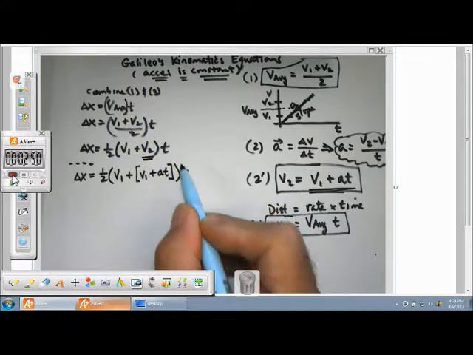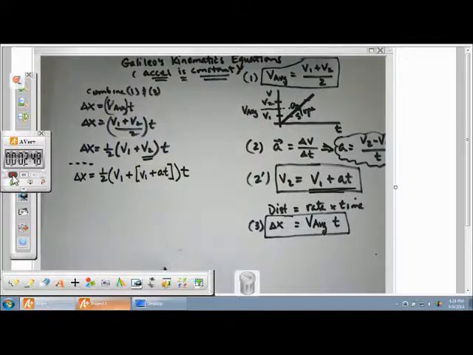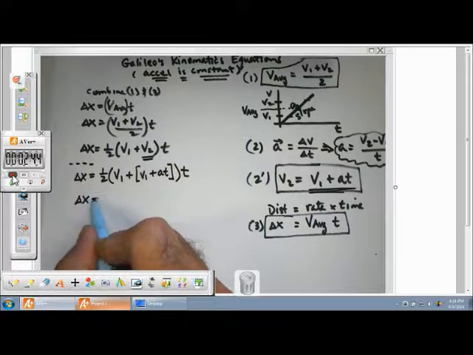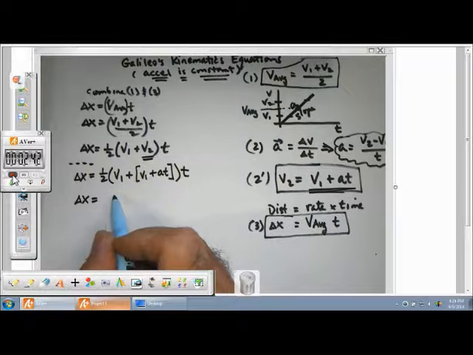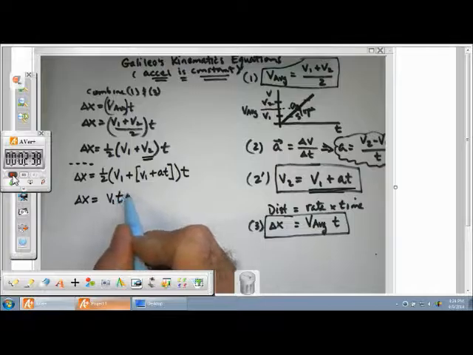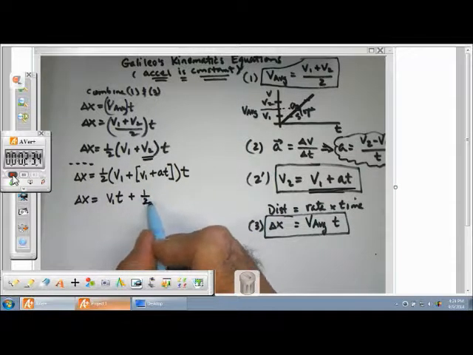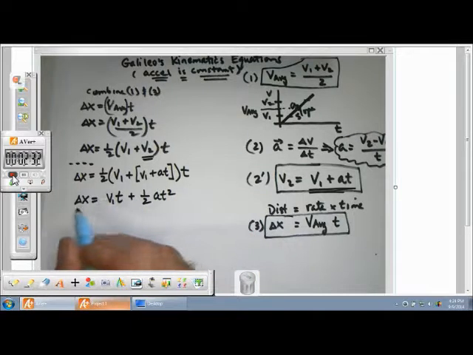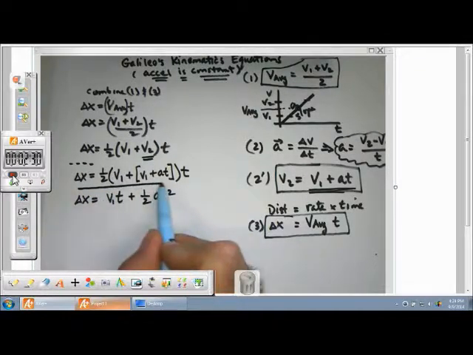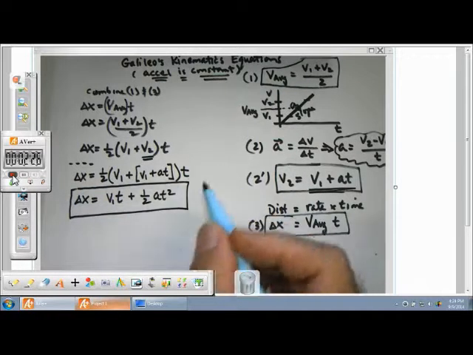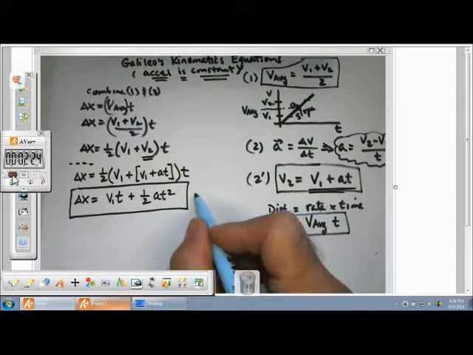And then we're going to multiply it by t. If we simplify that, a half v1 plus a half v1 is a whole v1 times t plus 1/2 at squared. And that, my friends, is another famous kinematics equation brought to you by Galileo. We can call that equation 4.